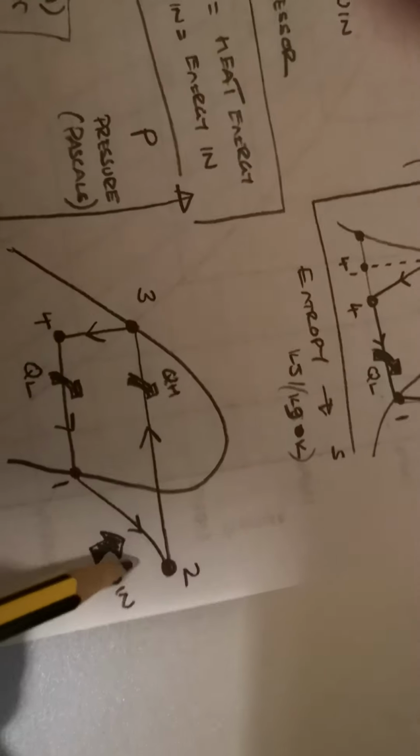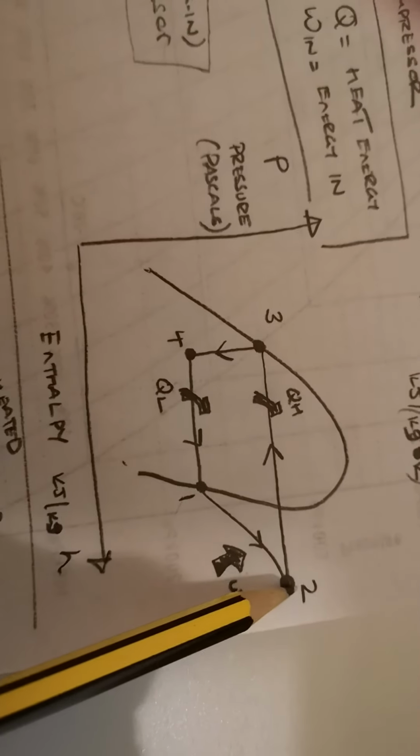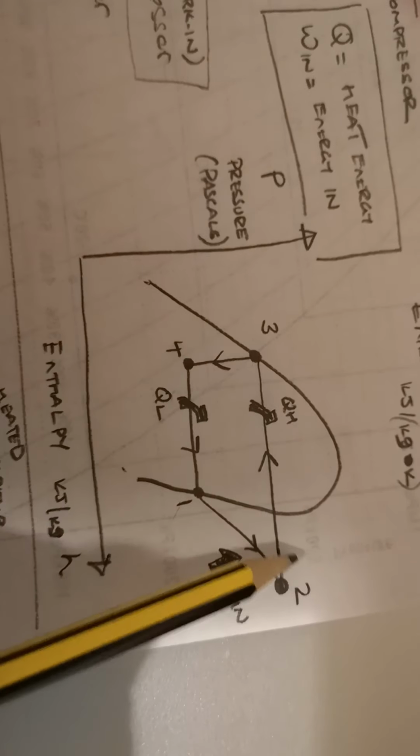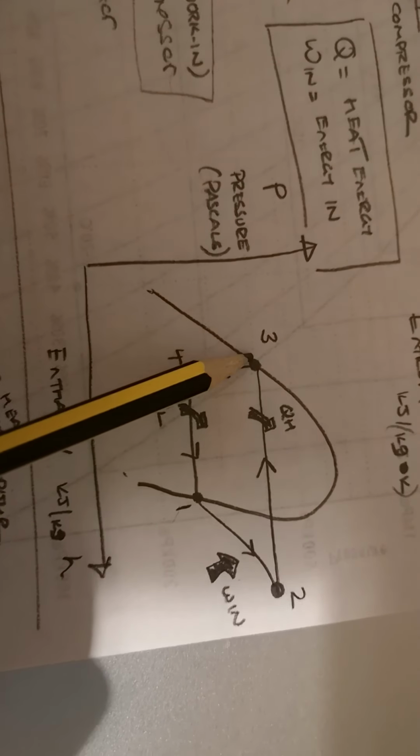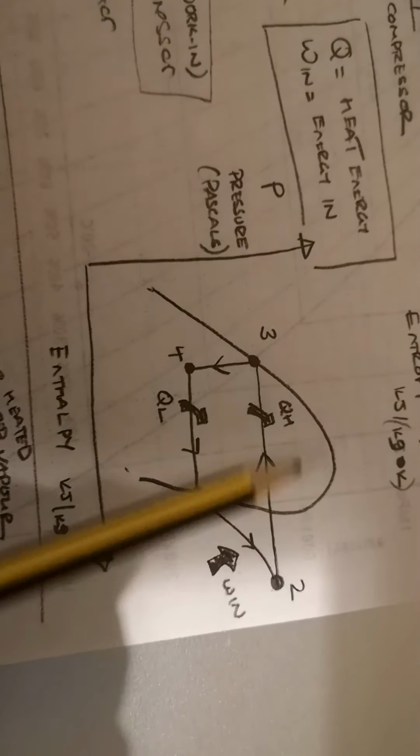We know what the pressure is. P3 equals P2. If you look here back on the pressure table, P2 equals P3. Okay, it's exactly the same.